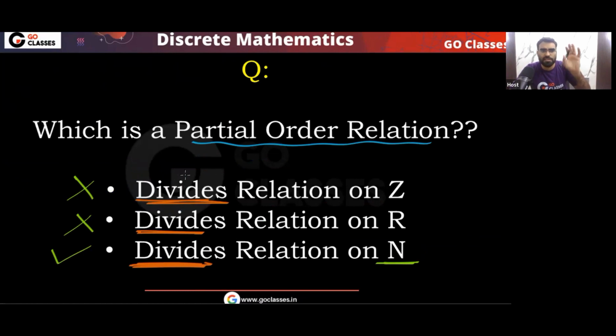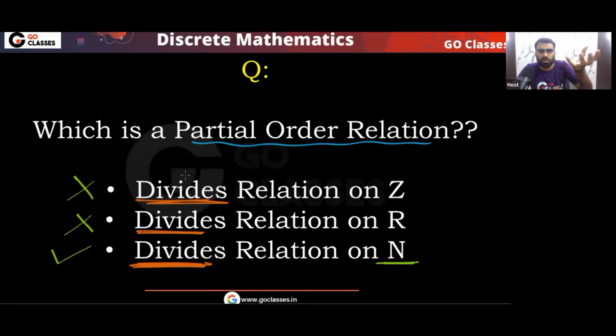Okay, tell me one thing. So far we have seen three standard relations. The first was less than equal to, the second was subset, and the third is divides. In which of them does the base set matter? You should focus on the base set. You can see it is the divides relation. Remember, less than equal to is always a partial order relation if your base set is a set of numbers.